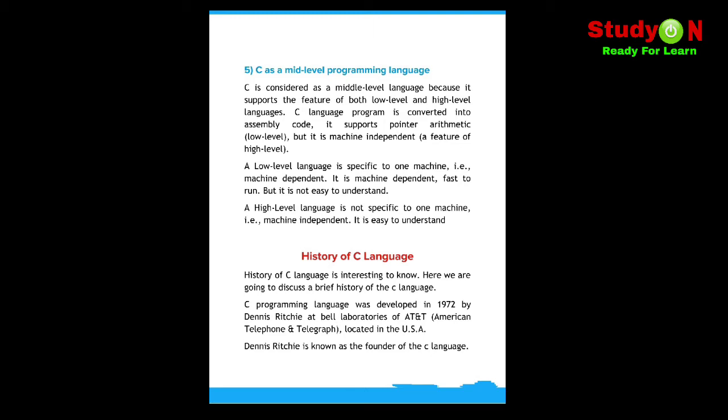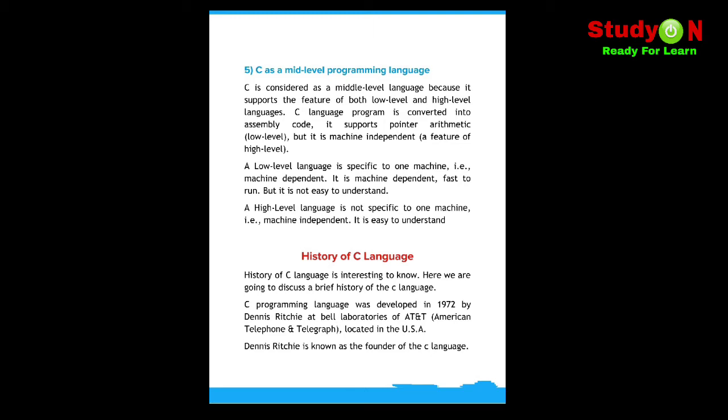A low-level language is specific to one machine, that is machine dependent. It is fast to run, but it is not easy to understand. A high-level language is not specific to one machine, that is machine independent, and it is easy to understand.